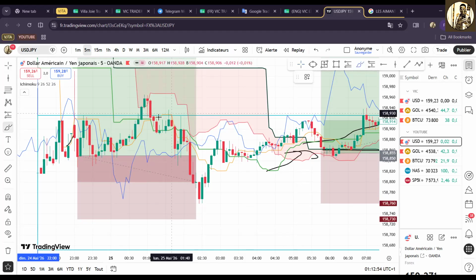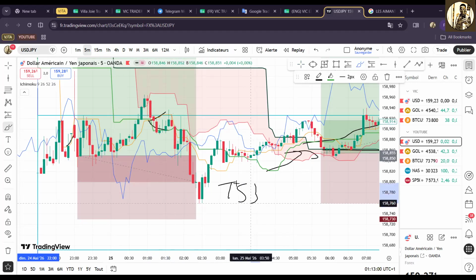So Tenkan going, Tenkan cross going up like this. TS3 gives a lot of Tenkan crosses going up, but it is below the cloud, below SSA, and it doesn't make you feel too confident.